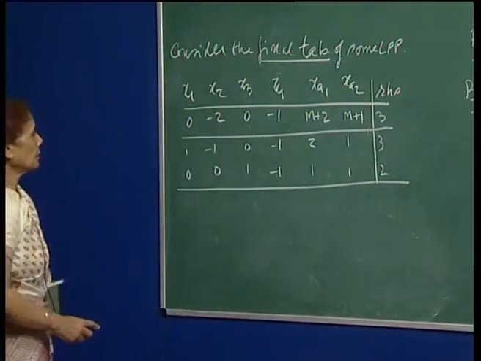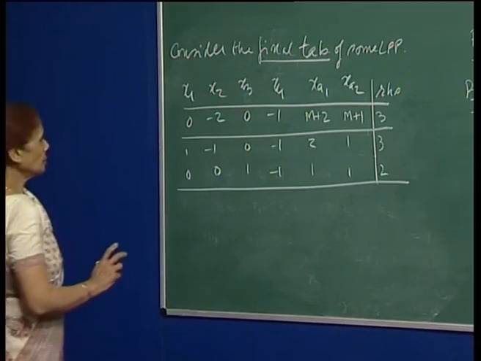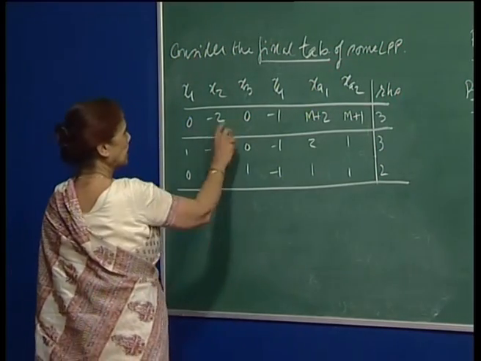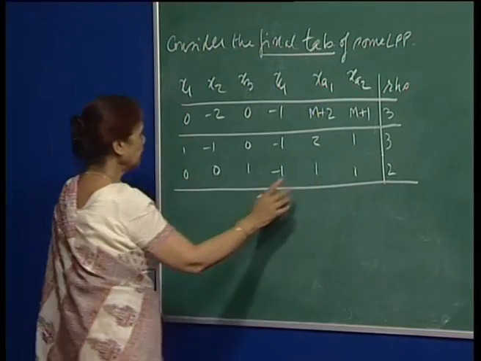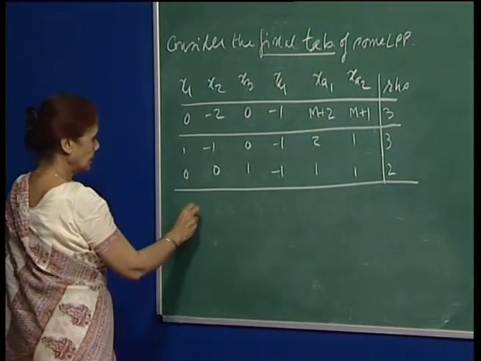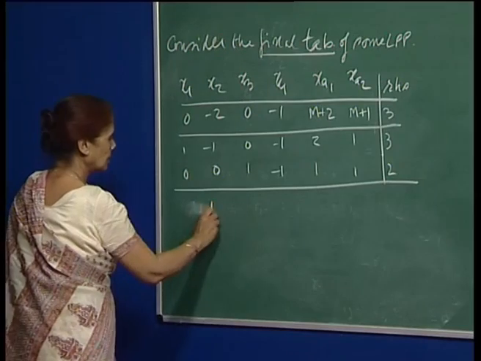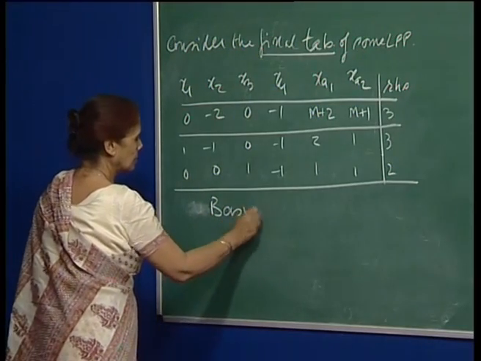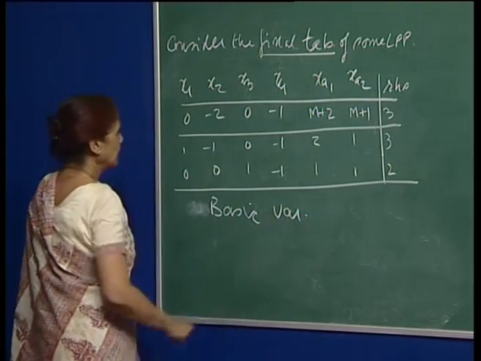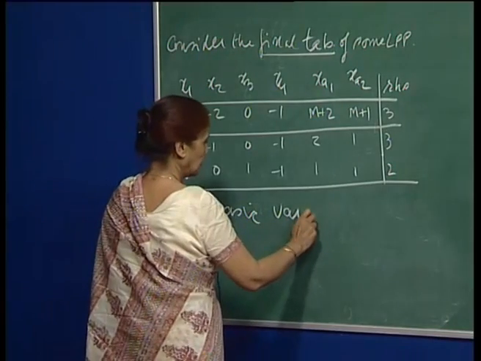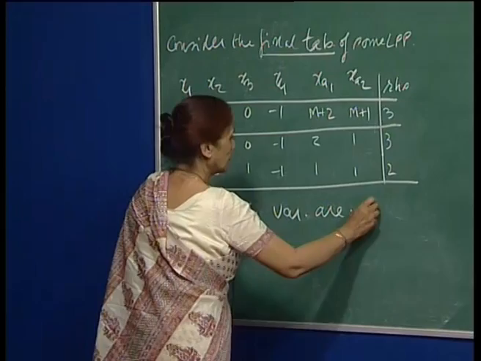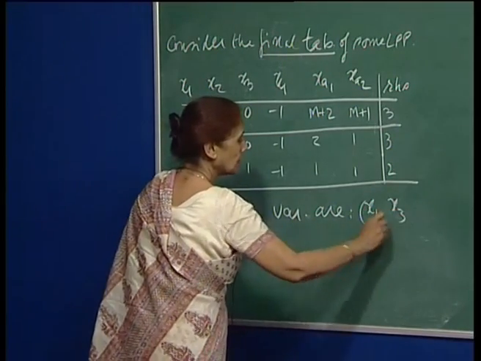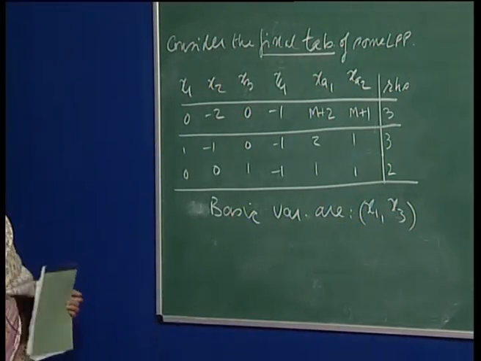So, you see the final tableau shows you that the optimality criteria is not satisfied, but artificial variables are at 0 level. Your basic variables are x1 and x3, right.